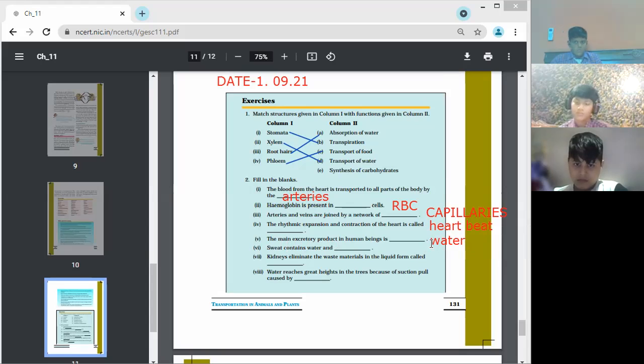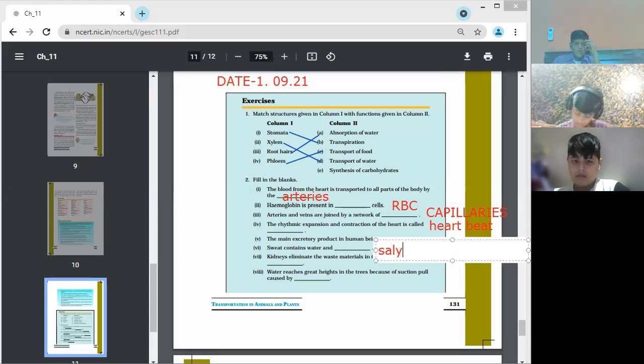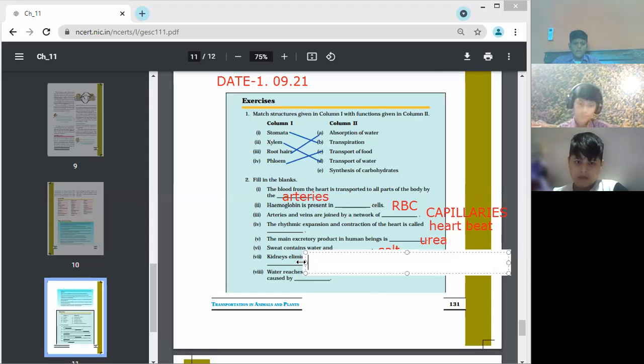Urea होना चाहिए, it should be. Main excretory product is urea. So by mistake I had written this. It will be urea. Next is sweat contains water and salt. Next is kidneys eliminate the waste material in liquid form called urine.